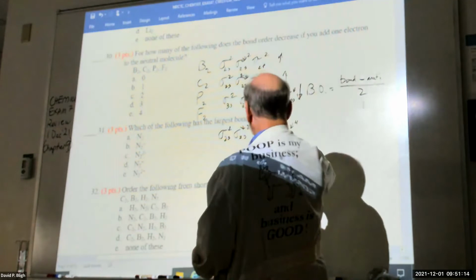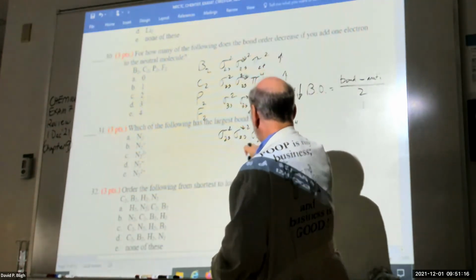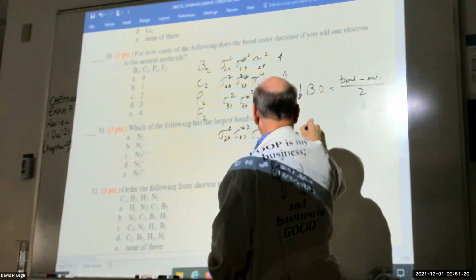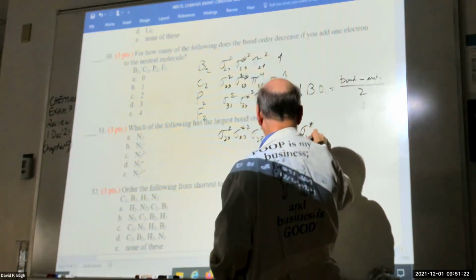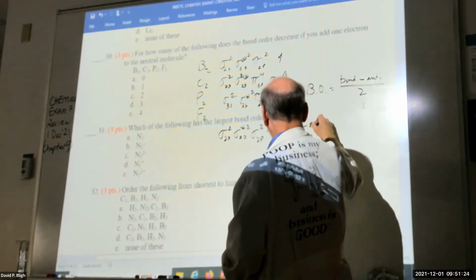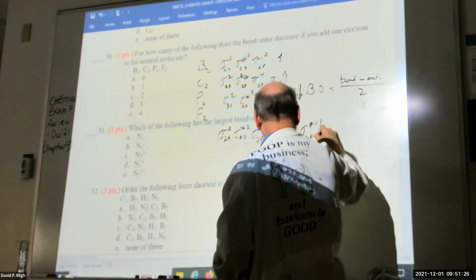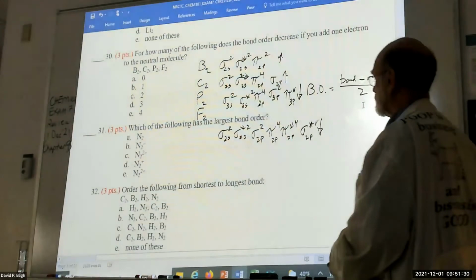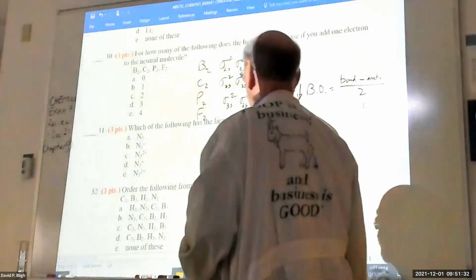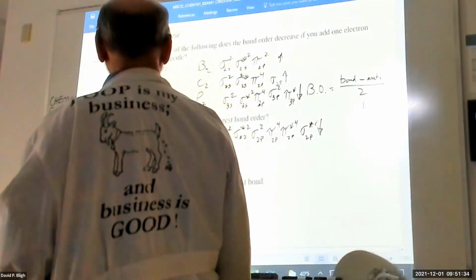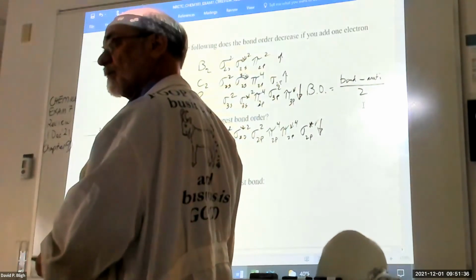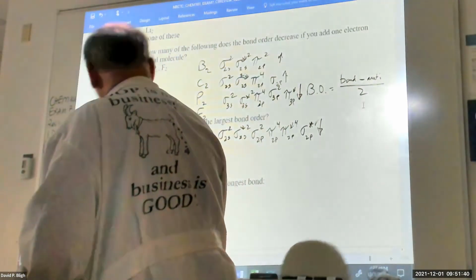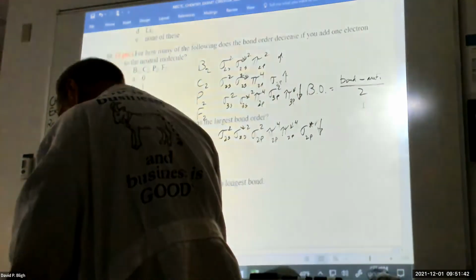And this one is full. But what's above here? Let's see. That. It's also. We add one to this one, it's going to decrease. So 2 of them will decrease bond order if we add an electron, if we make a negative ion out of it. Let's see, does that jive with the key? 30.